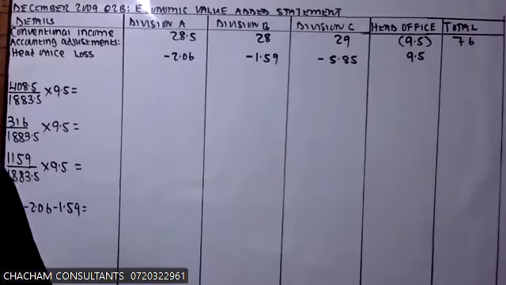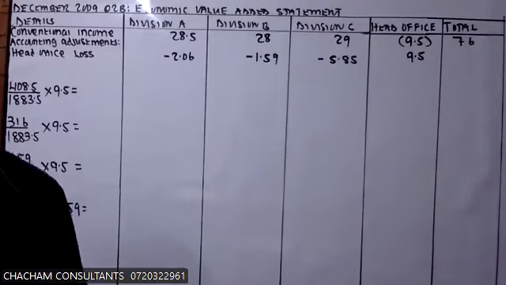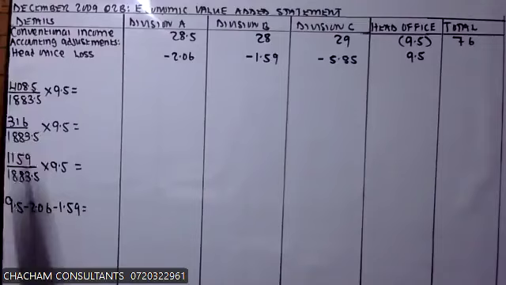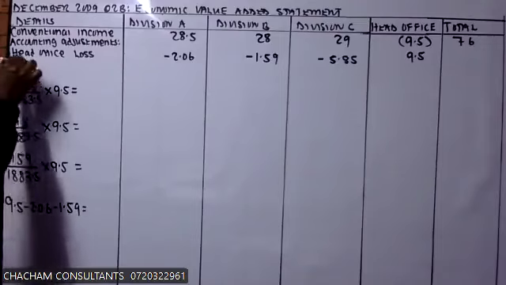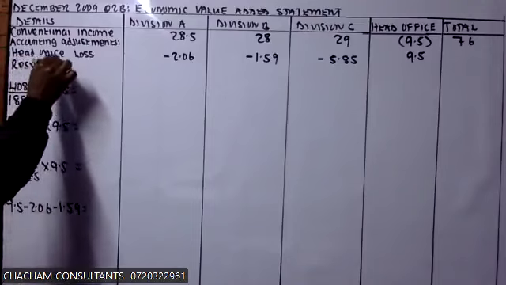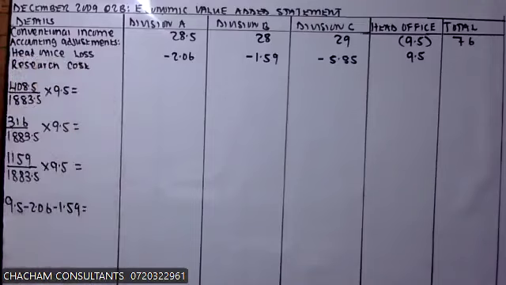The other adjustments that you now require, you go to the additional information. You get that division A spent 10.5 on research. So we said research and development should be added back. So come here and say research and development, or let me just call them research costs.